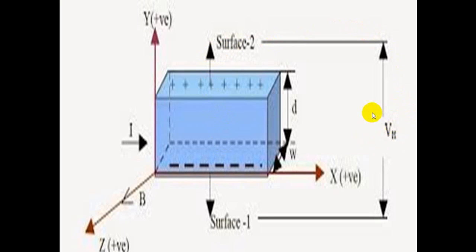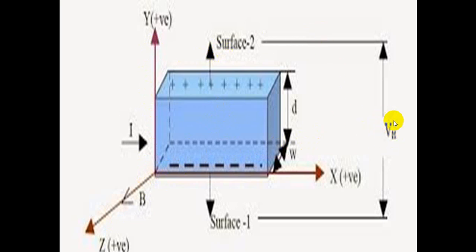So here we are using a voltmeter, which reads the developed voltage, and this developed voltage is always perpendicular to both current carrying direction and magnetic field direction. So that's why the voltage is developed along y-axis, and the developed voltage is called Hall voltage.